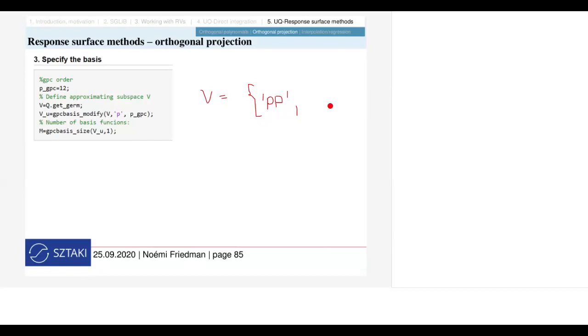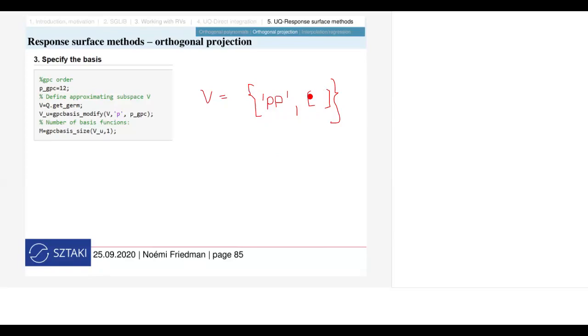I also have a second element, which gives me a vector with the multi-index set that I showed you before. And it will be empty when you just say getGerm, because I didn't define any degree of approximation.